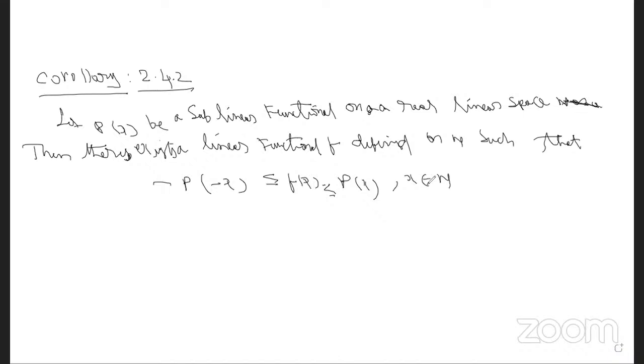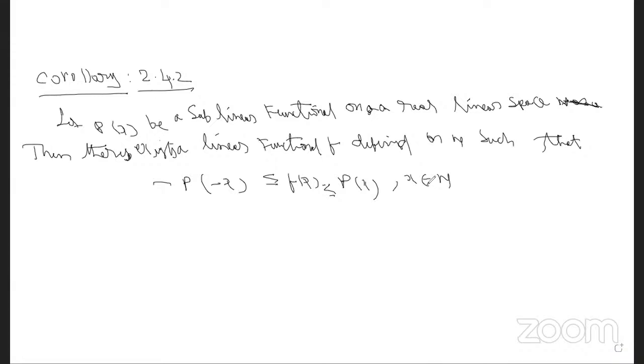What is that corollary? Corollary 2.4.2 has a statement. Let p of x be a sublinear functional on a real linear space.